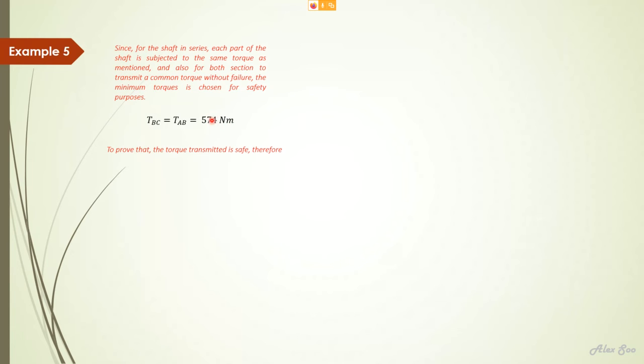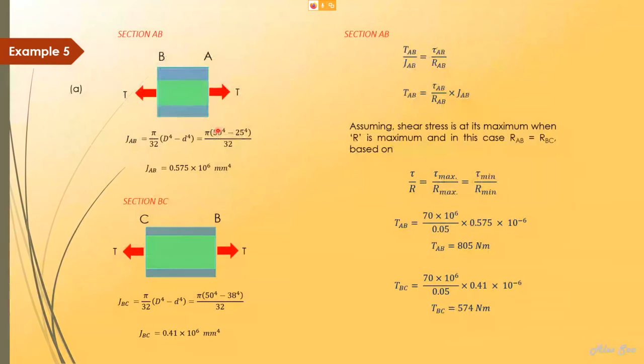Now, once we consider the 574, we try to prove whether the torque transmitted is safe or not. That means the 574 and just now the other value is 805. 574, 805. Now we have to choose which one is safe to be transmitted.